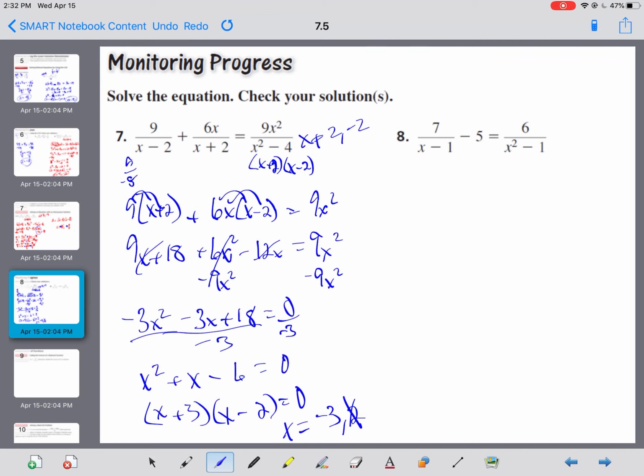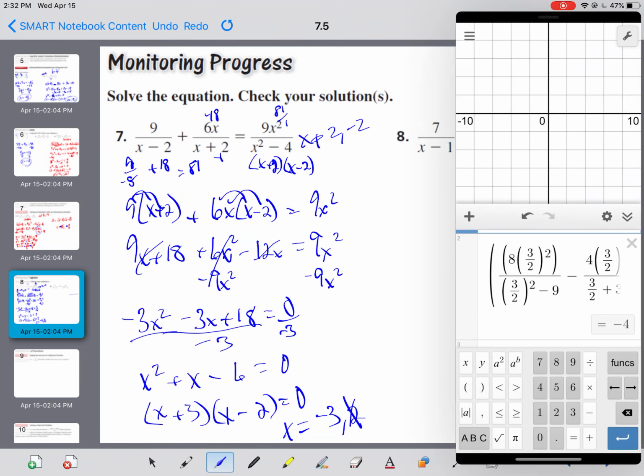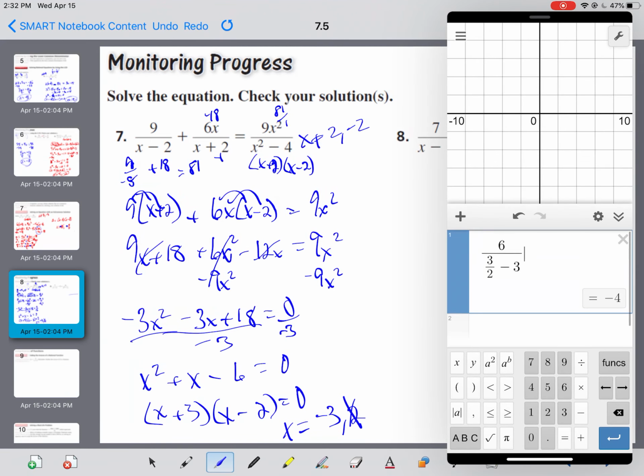Negative 3 minus 2 makes it 9 over negative 5. And negative 3 is going to make that a negative 1. And that's a negative 18, so that's plus 18. So negative 9/5 plus 18 is supposed to equal 9 times 9 is 81 divided by 3 minus 4 is 1, is 81.